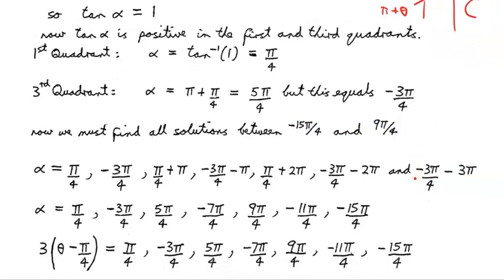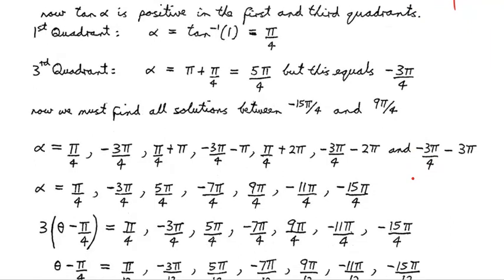Okay, so here we go. Let's start here. Alpha is pi on 4, and the other solution we had was minus 3 pi on 4. Remember we're going to have 3 lots: first lot, second lot, third lot, and then that extra one. So we've got pi on 4, minus 3 pi on 4.